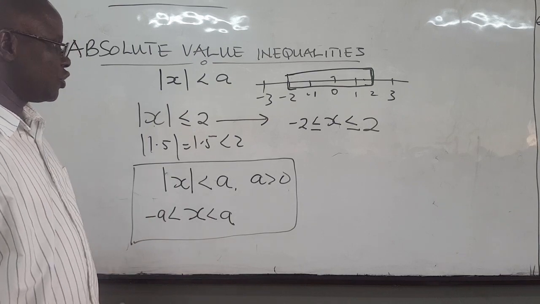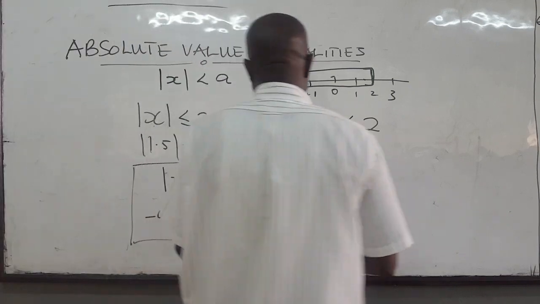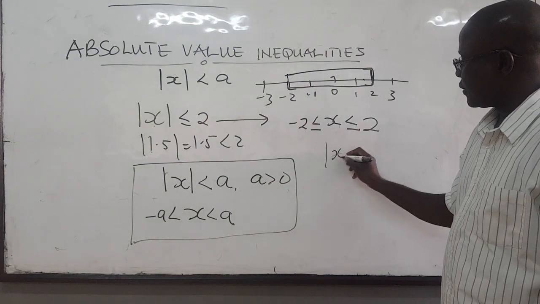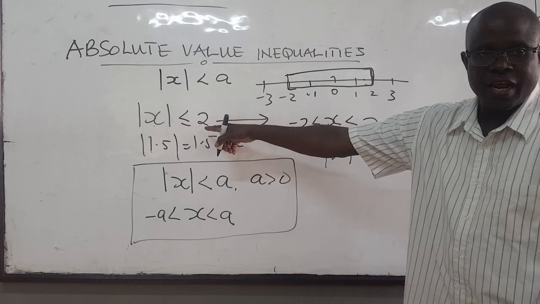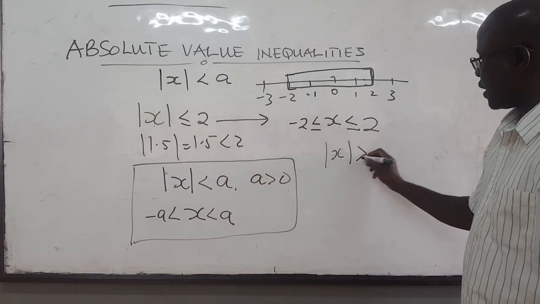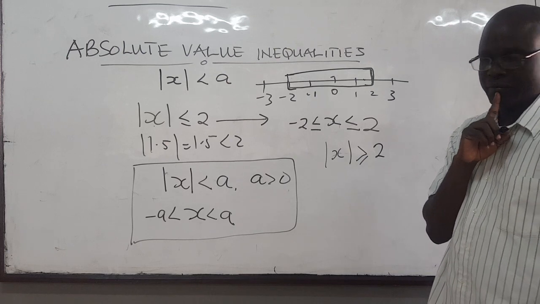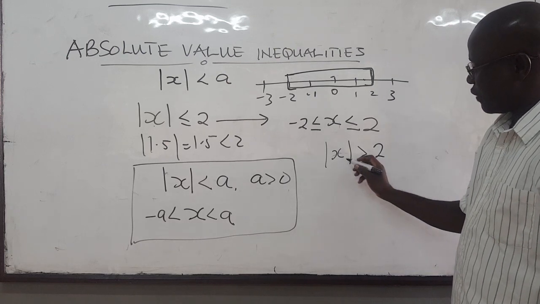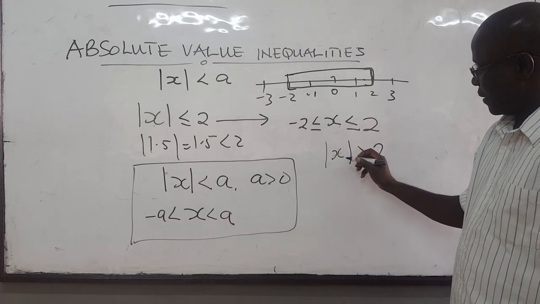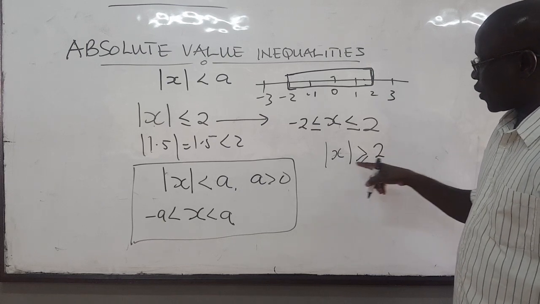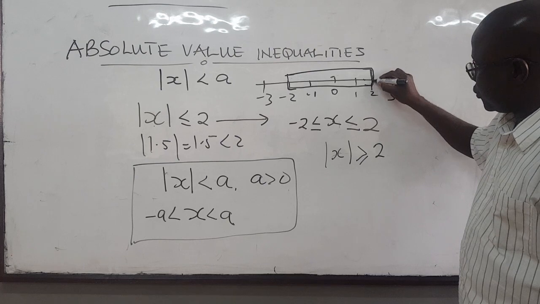Okay? Good. On the other hand, let's go the other way. Instead of less than, we say the absolute value of x is greater than or equal to 2. What does that mean? Well, it means that if I put x in here, it has to be greater than 2. Well, 2 is okay, so you can start from 2.